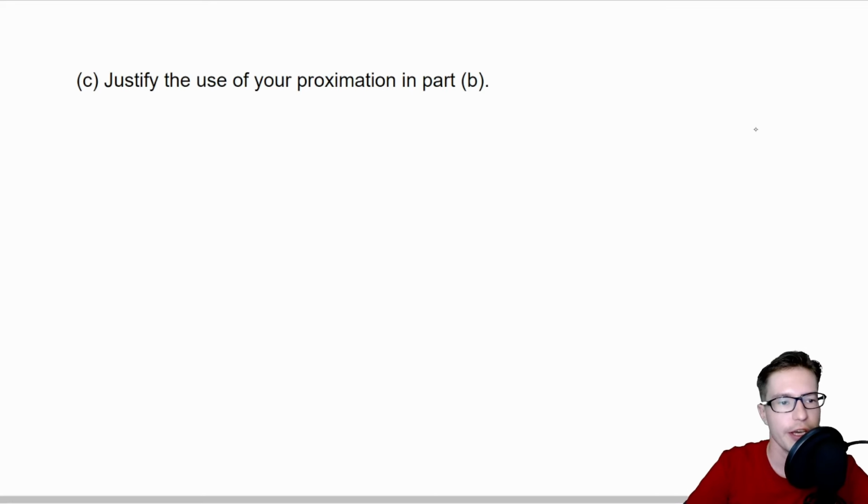Okay, next one, we'll have to justify the use of our normal approximation. Now the key is that our binomial distribution should be relatively symmetrical. And that happens if n times p is bigger than 5 and n times 1 minus p is also bigger than 5.